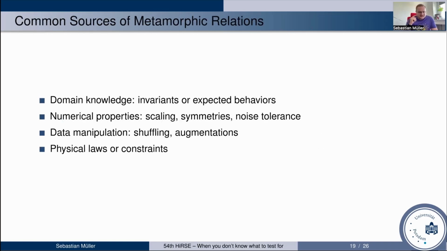Now, you might ask yourself, okay, that's all nice and fine, but how do I actually get to these metamorphic relations that you're going on and on about?